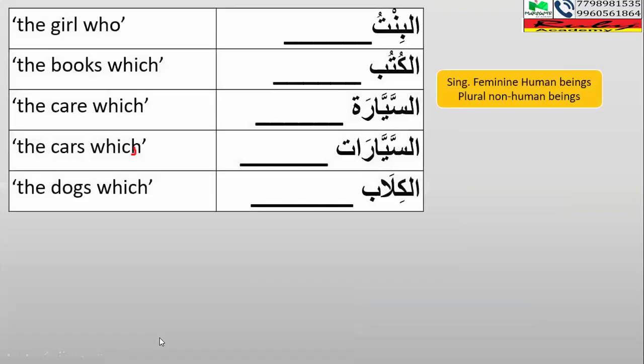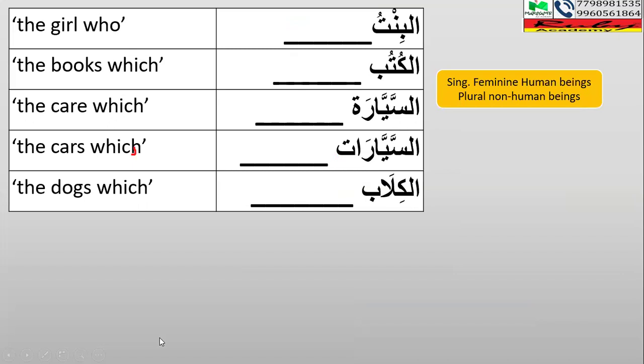Now this is very important. Look here: the singular feminine human beings as well as the plural non-human beings. So you can take the singular feminine, human or non-human, but importantly the plural non-human beings as well.